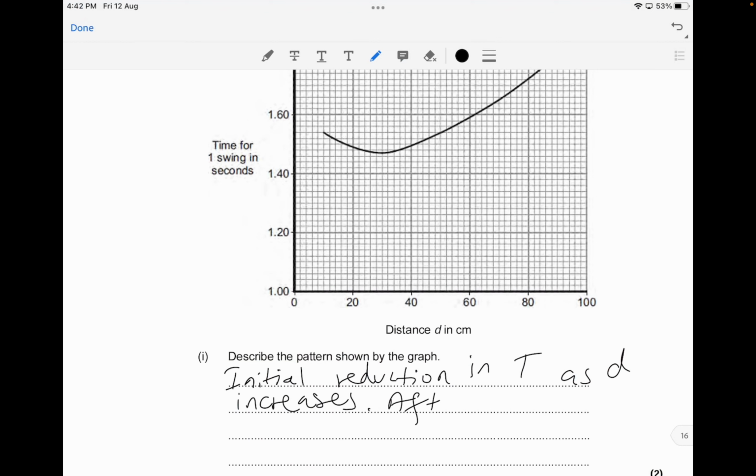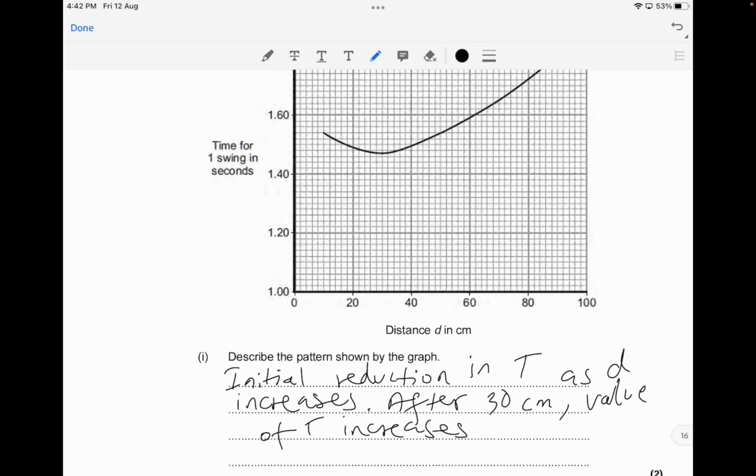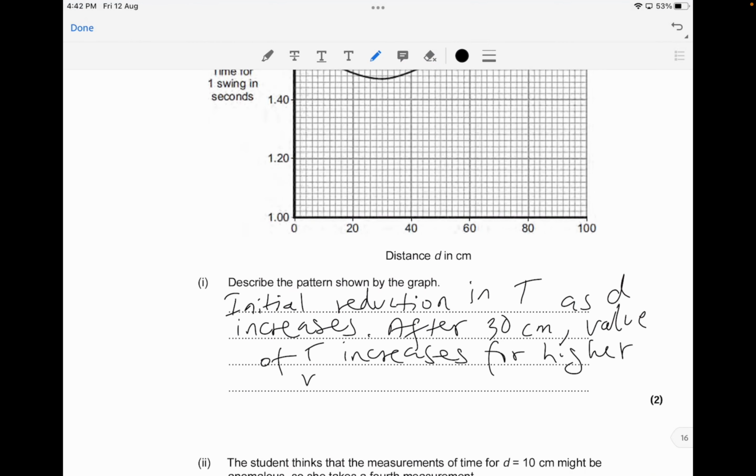And after roughly about 30 centimeters, somewhere here, the value of t, which is time, increases for higher values of d. So you're just going to explain it for 2 marks.